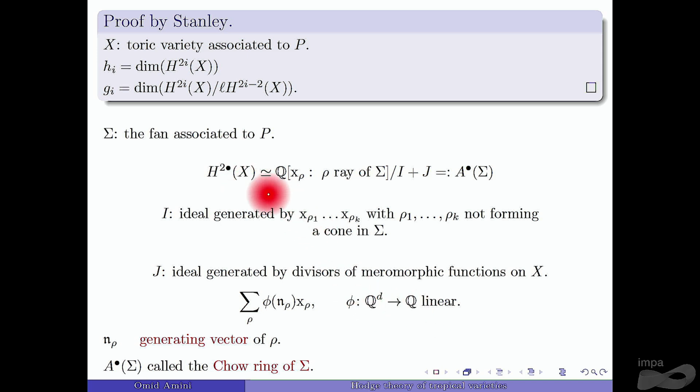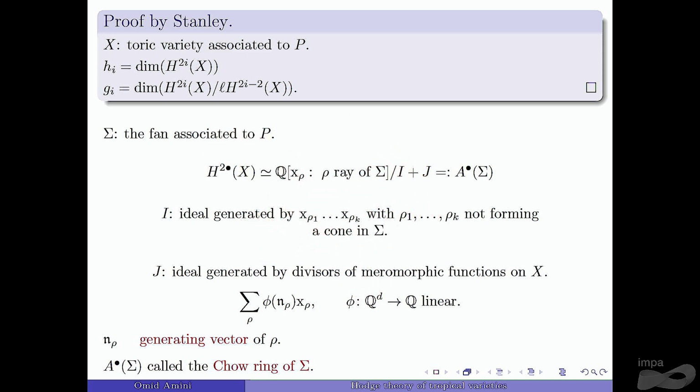So the cohomology of X is concentrated in even degrees. For each ray, you get a generator. So now you take the polynomial ring generated by these variables, and since these variables generate the full cohomology, there should be some relations between them. And these relations are very simple to describe.